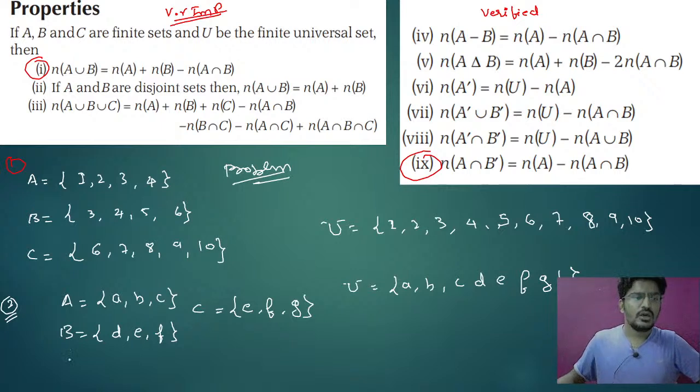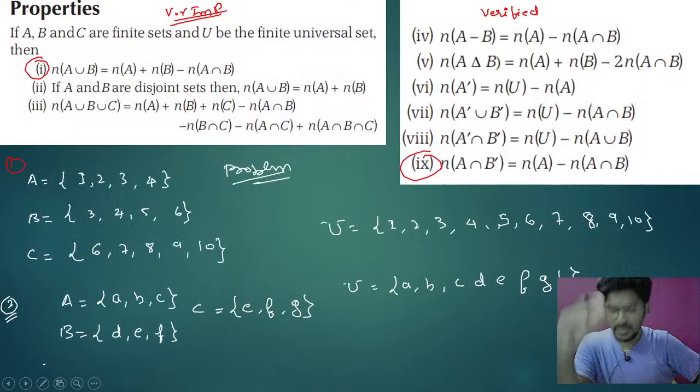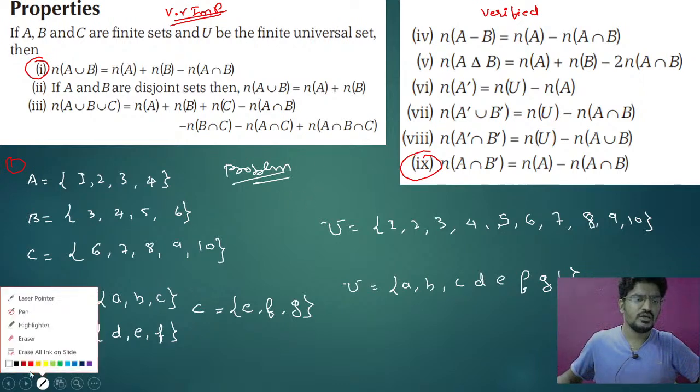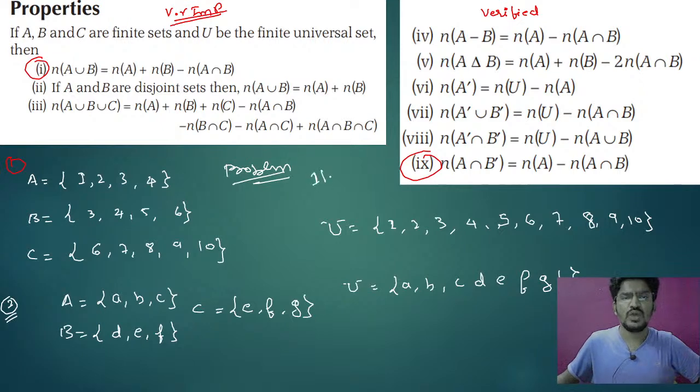So if you go through all these problems, then you can remember all the 9 statements. Clear? Sit for at least 1 hour. Give 1 hour for these 9 statements.